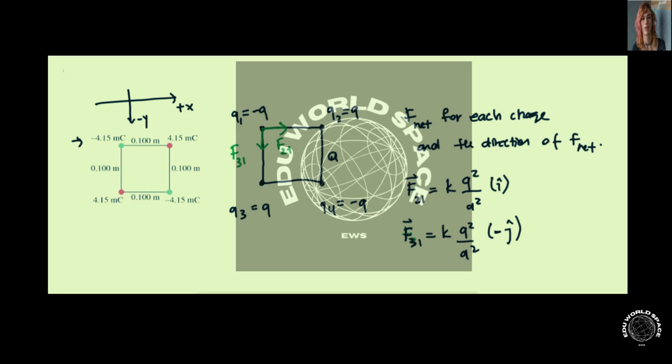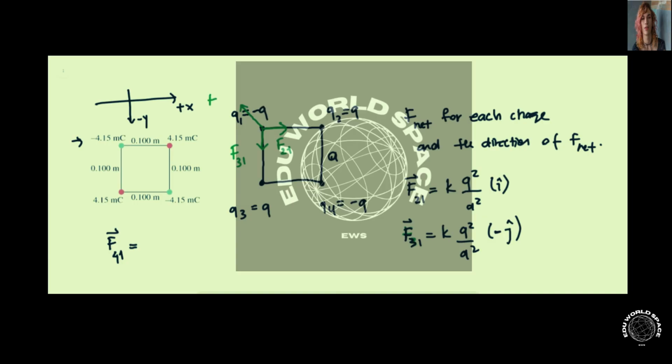Now we have the fourth charge. Let's assume the force exerted by the fourth charge on the first charge is F41. This F41 has components in both x and y directions. Let me show the direction of it. Q4 is a negative charge and Q1 is a negative charge. There is a repulsion between the two, which means Q1 is going to experience a force that is away from Q4.